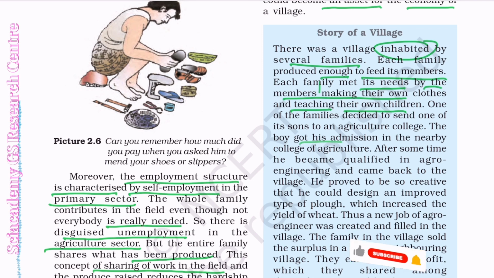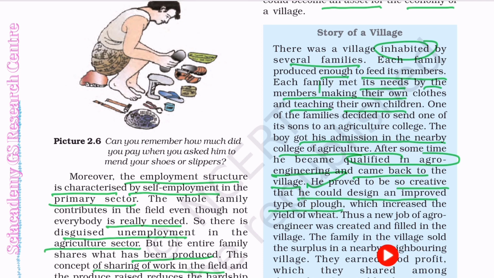The boy got his admission in the nearby College of Agriculture. After some time, he became qualified in agriculture engineering and came back to the village. He proved to be so creative that he could design an improved type of plough which increased the yield of wheat. Thus, a new job of agro engineer was created and filled in the village.